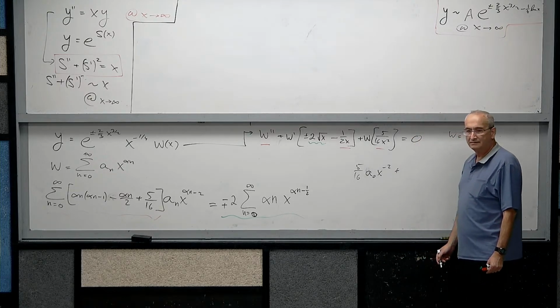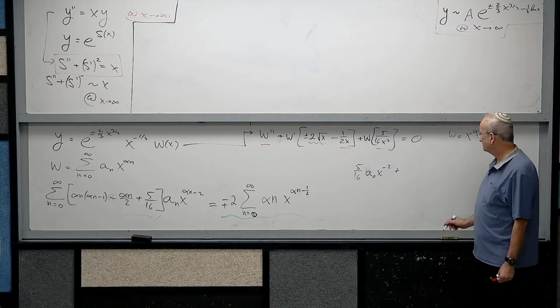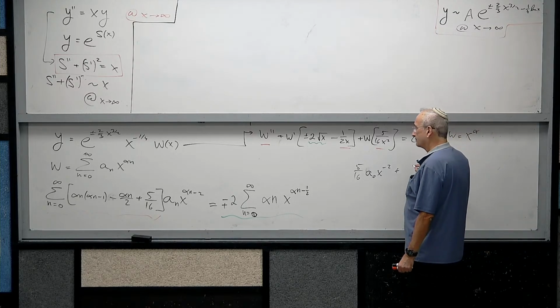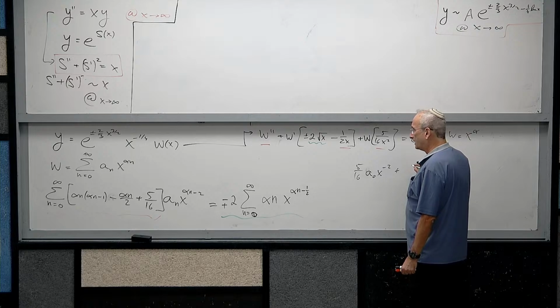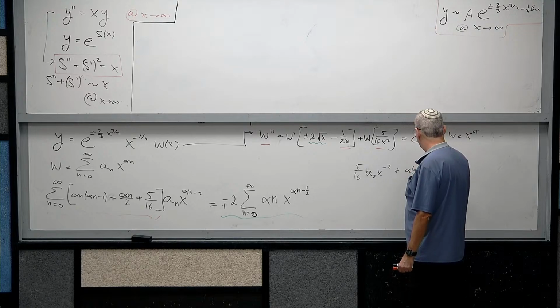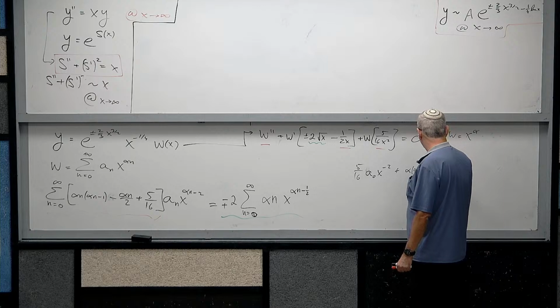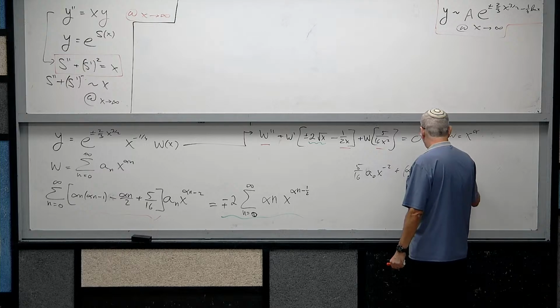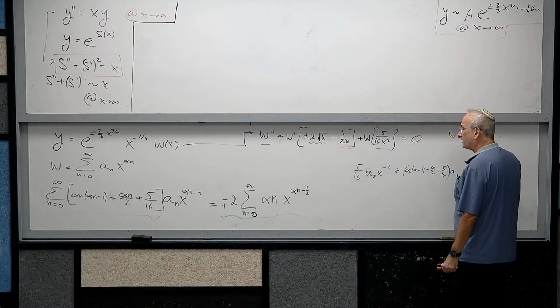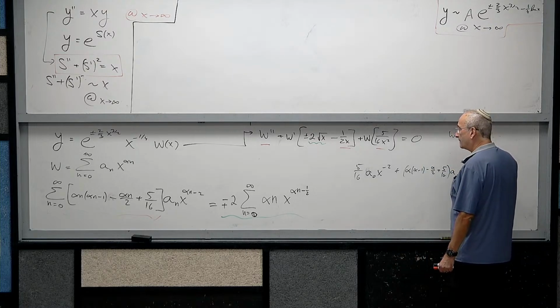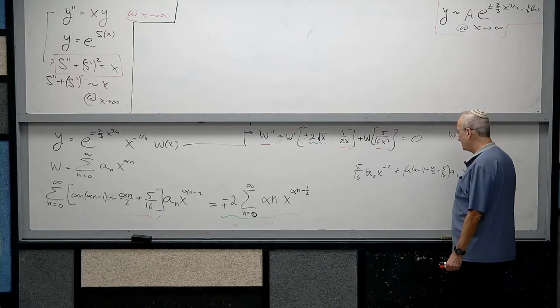N equals 1. It's minus alpha over 2 plus 5 over 16 times a1 times x to what power? Alpha minus 2. Yes?